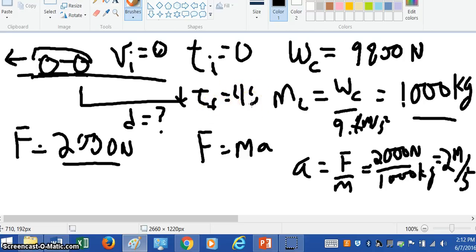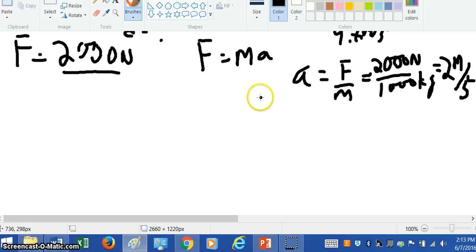So we accelerate at 2 meters per second squared for 4 seconds. The question is, how far does the car travel? We know the time is 4 seconds, and we know the acceleration is 2 meters per second squared.